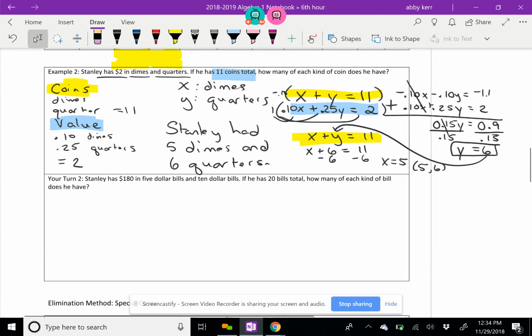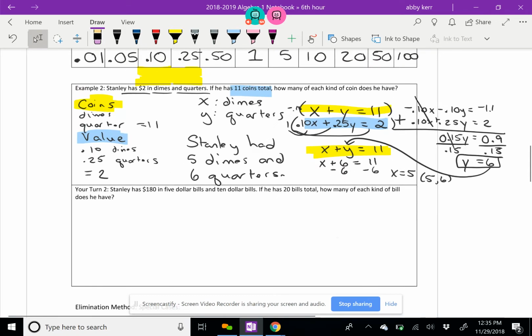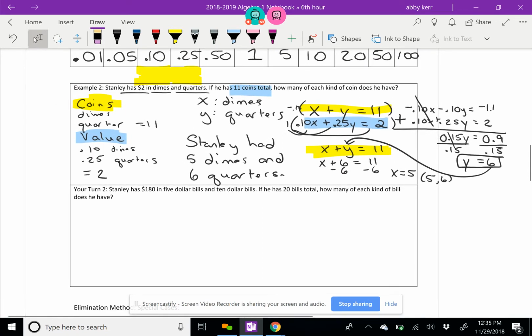Now, in your turn too, it's very similar, but instead of coins, it's actually just dollar bills. So you just want to make a money equation and a value equation. So it says Stanley has $180. 180 goes into the value because that's how much money of value he had. He had $5 bills and $10 bills. So that's also the same for money.